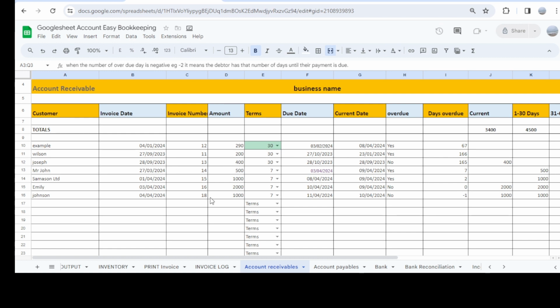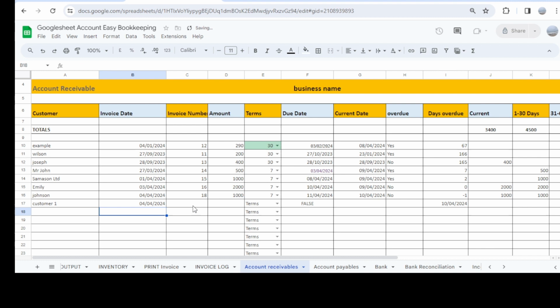Now let's enter an example so you understand how it works. Let's say customer 1 has an invoice dated 4th 2024, and his invoice number is 19, and he owes us 1,000. The terms here simply mean the terms of payment.